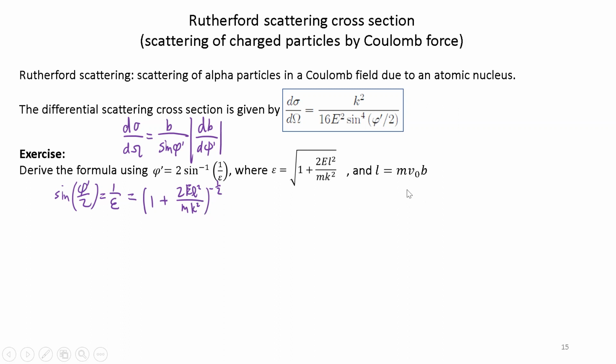That would of course be related because, as I told you last time, the initial angular momentum L is given by the linear momentum times the distance, and the distance is the b. So we can substitute L squared equal to m squared v naught squared b squared into this expression over here.